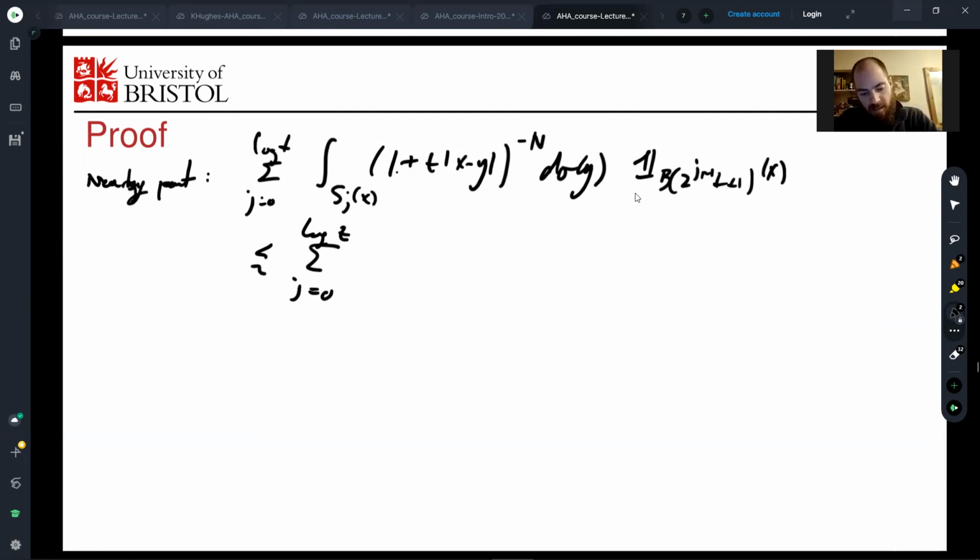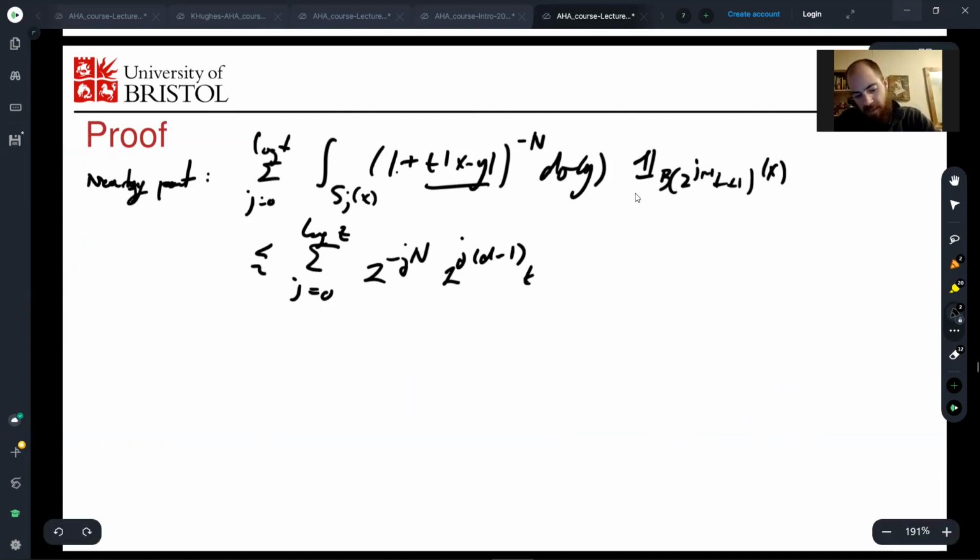So this factor is going to be 2 to the minus j, so that the whole thing in parentheses is 2 to the minus j n. The volume of S_j of x is again at most 2 to the j(d minus 1), times t to the 1 minus d, so you have an inverse there. And then I wedge in that bound.